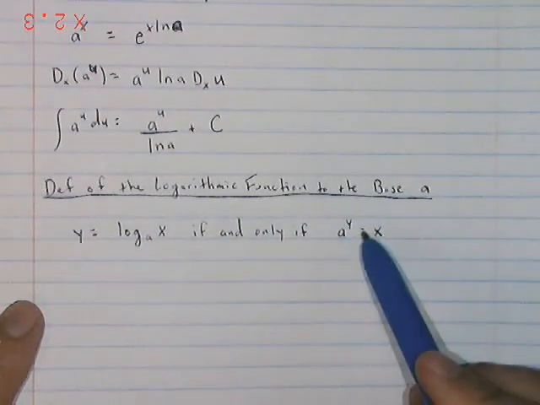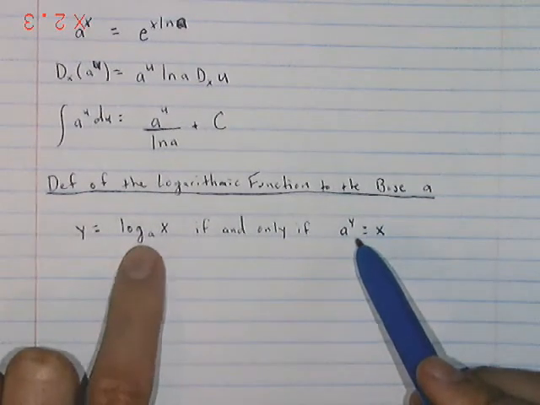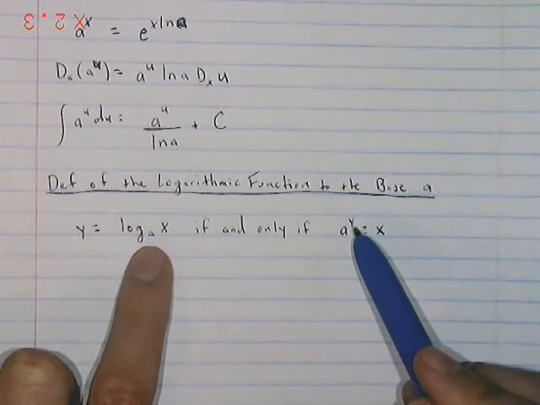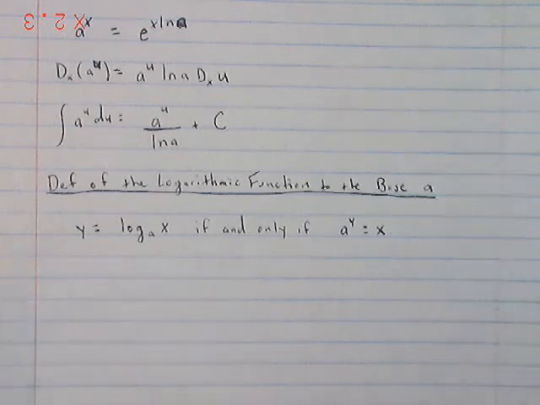This tells us growth. This tells us how long. What is the exponent? What is the time it takes to get to this growth?